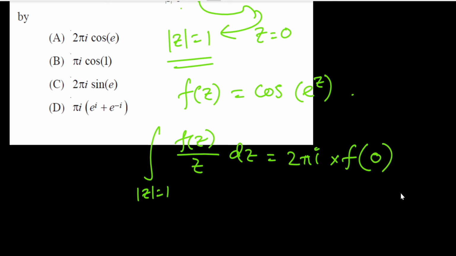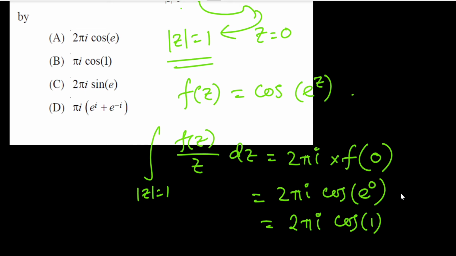Since 0 is the singularity, this is equal to 2 pi iota f(0), which means cos of 1. This gives 2 pi iota into cos of 1.